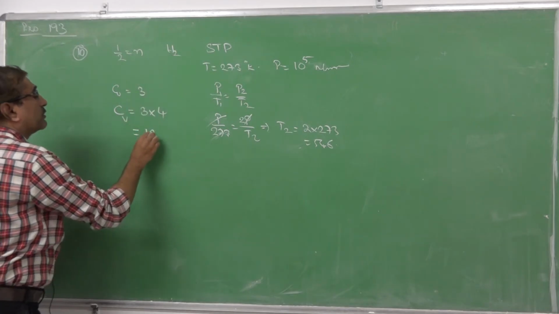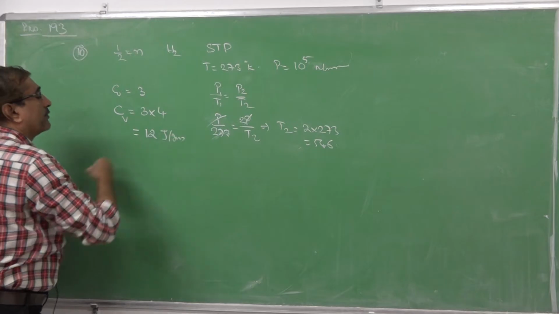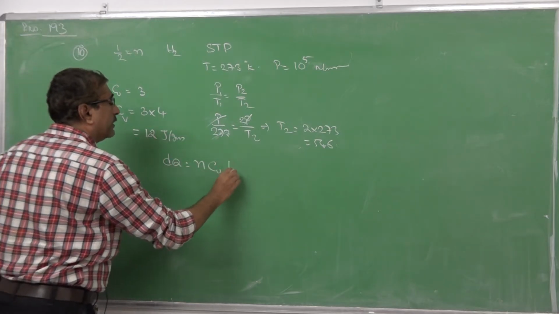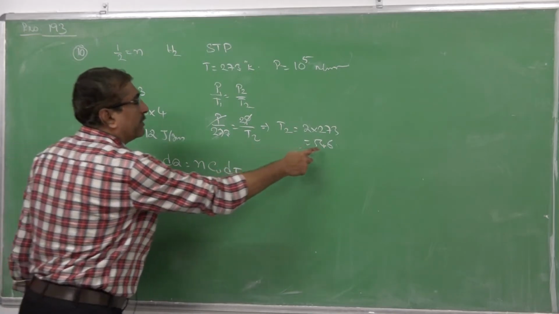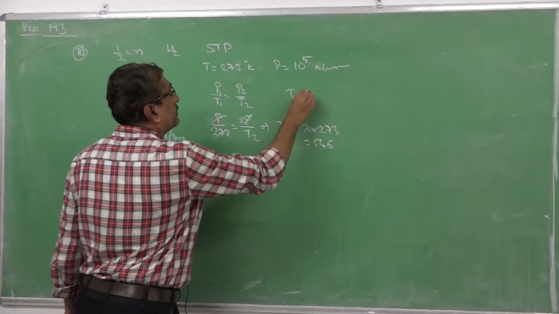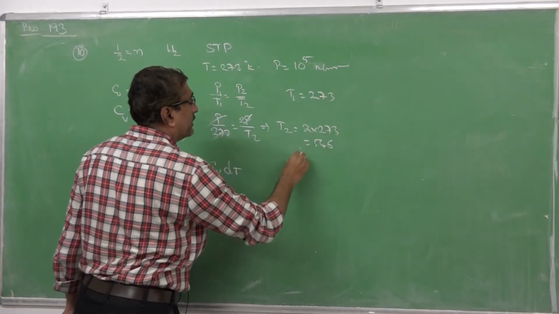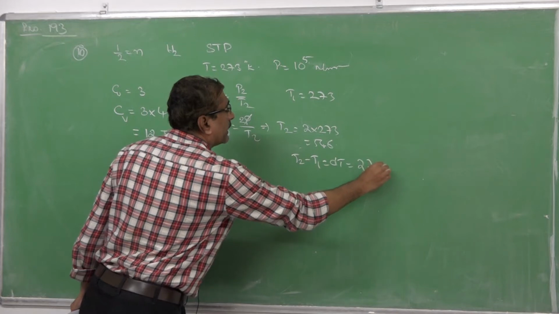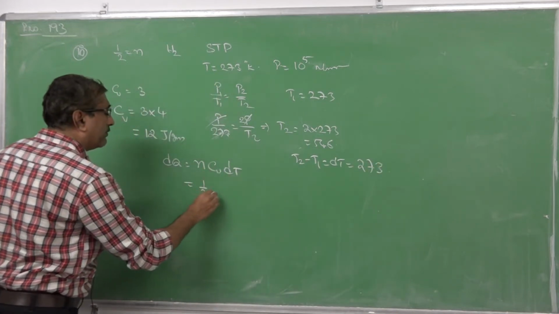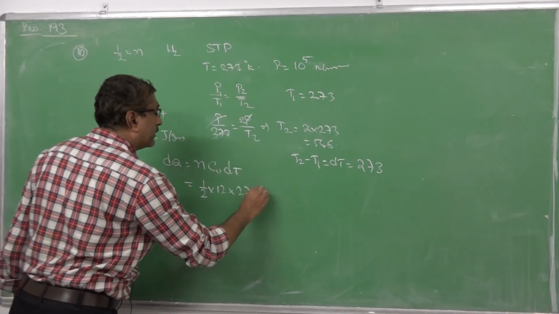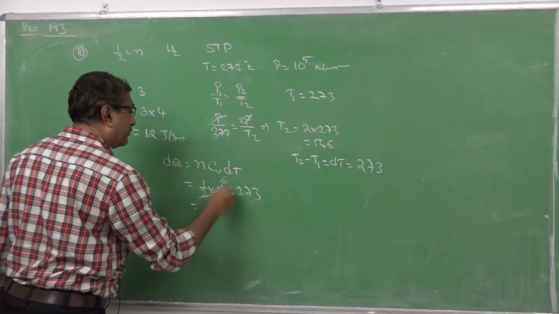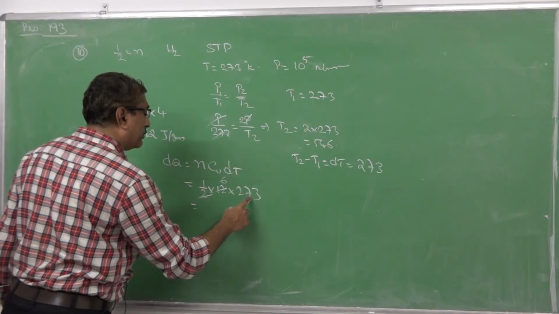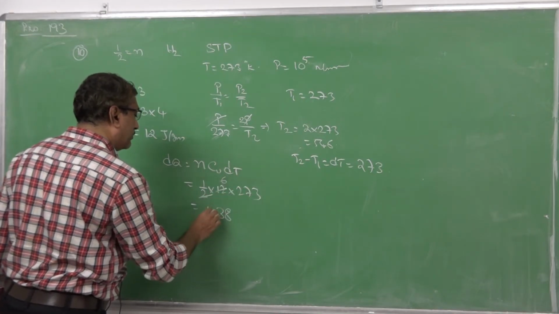So this is 12 joule per mole. Now we are writing dQ is equal to n Cv dT. Change in temperature is, initially T1 is 273, T2 is 546. So T2 minus T1, that is dT, is equal to 273 again. So substituting half, 12, 273, that is 1638 joule.